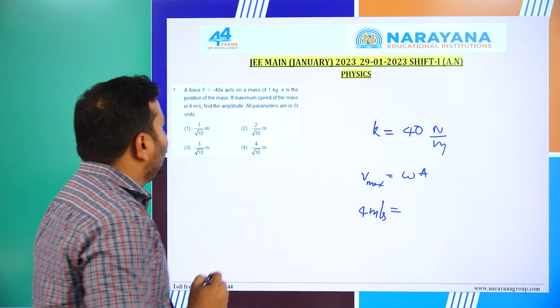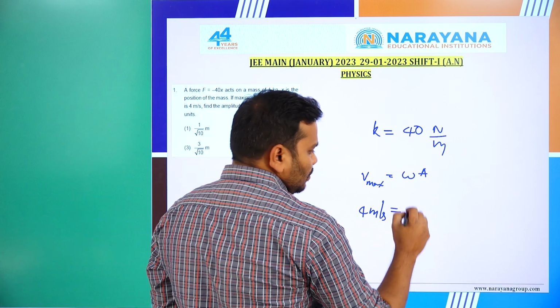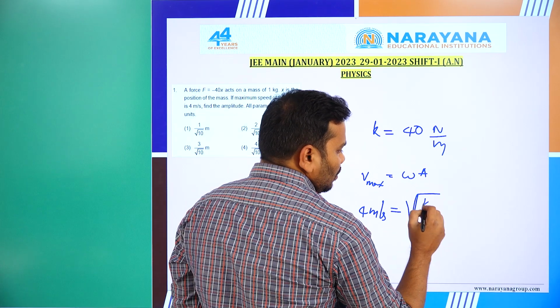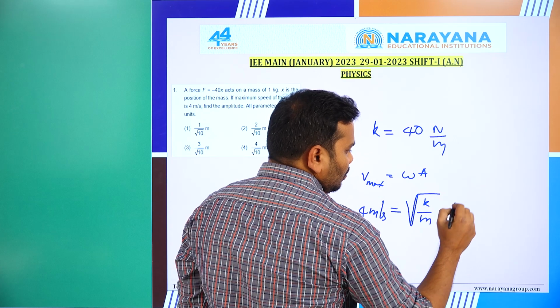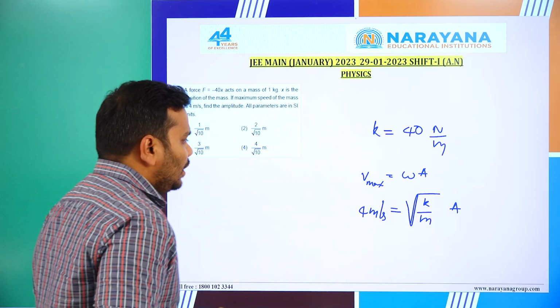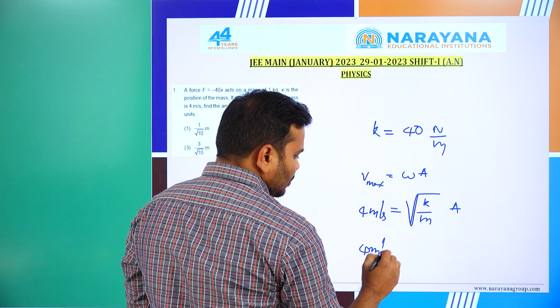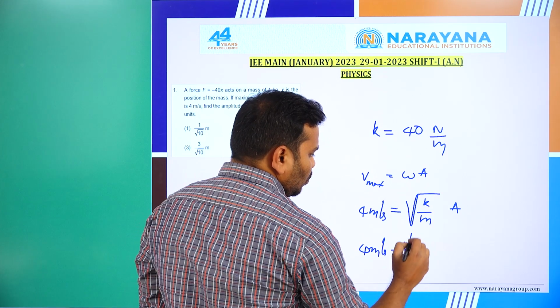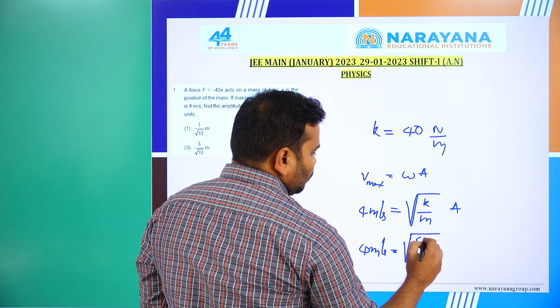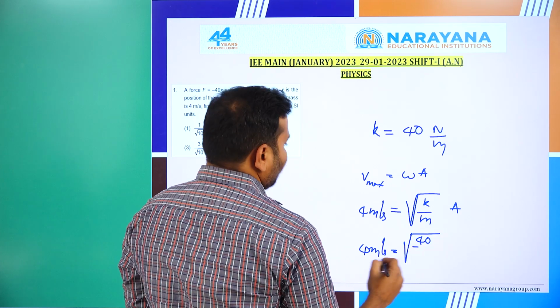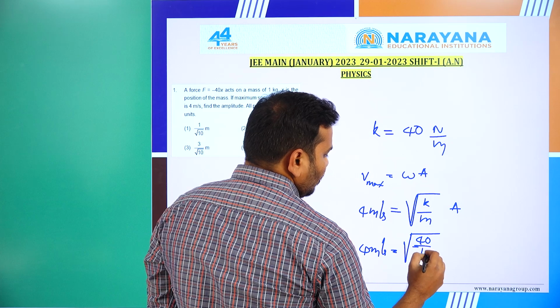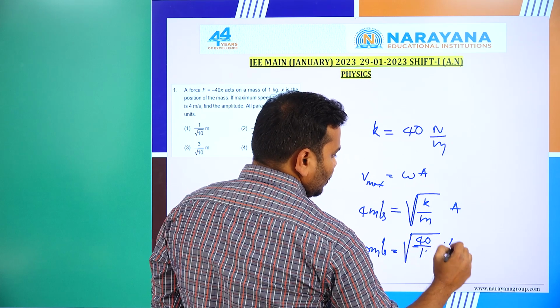This is equal to omega, which I can write as root over k by m, into amplitude. So 4 meter per second is equal to root over k, which is 40, divided by m, which is 1 kg, into amplitude.